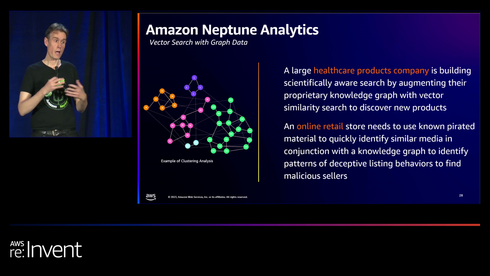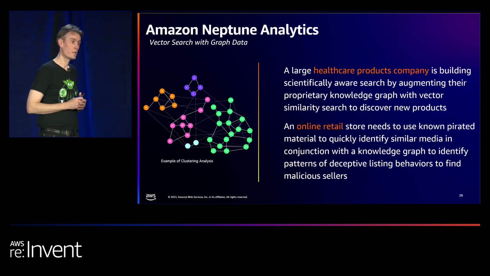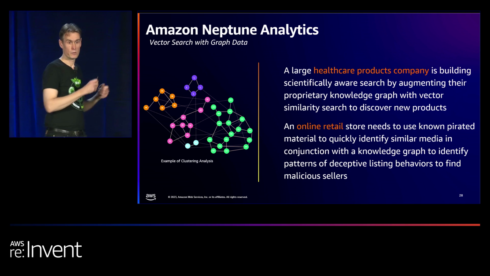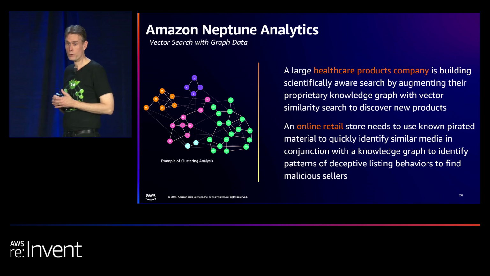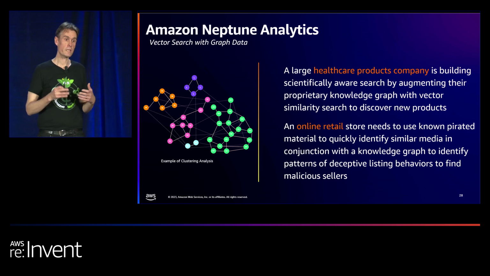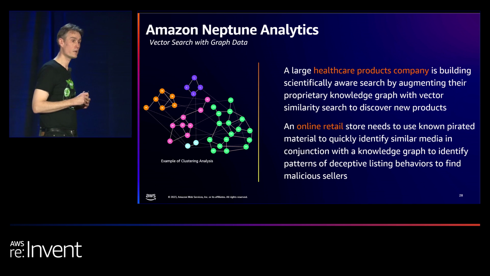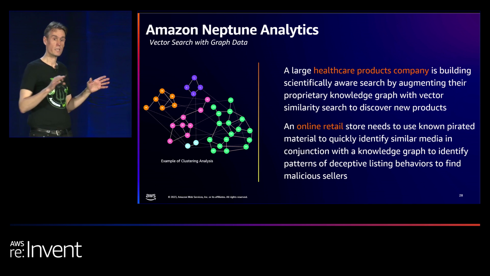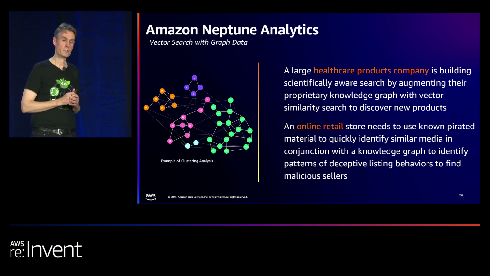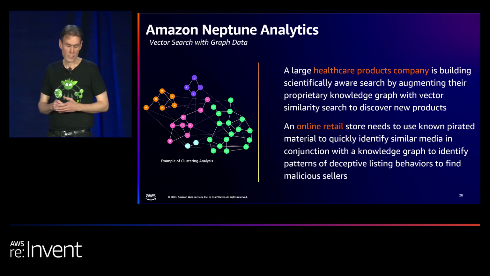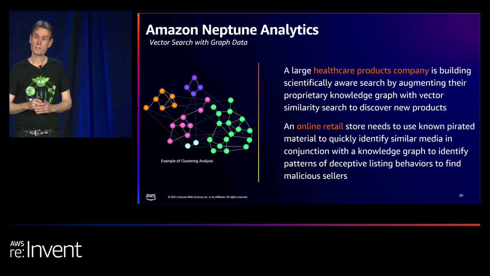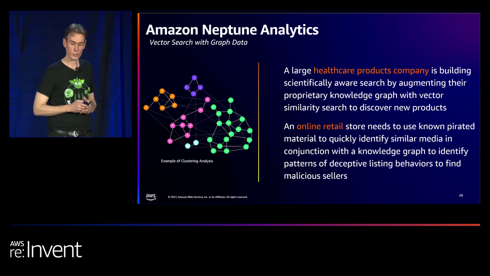And then they use graph query and vector search to help them identify potentially promising compounds and potentially ones that weren't promising. The result was it saved them significant amounts of cost because they were able to reduce things that they needed to do wet lab testing, which is a very expensive part of the pharmaceutical process. And we already talked about this other use case for a large online bookstore.